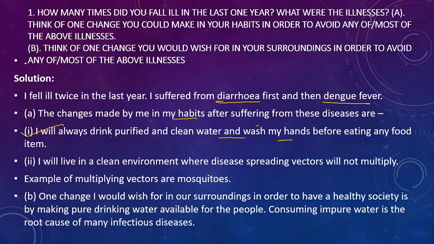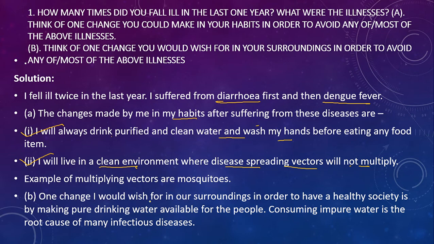Right? When you are sick you have to be extra cautious. And I will live in a clean environment where disease-spreading vectors will not multiply. Yes, obviously. An example of multiplying vectors is the mosquito.